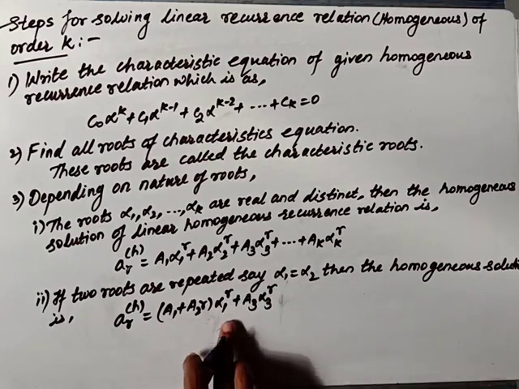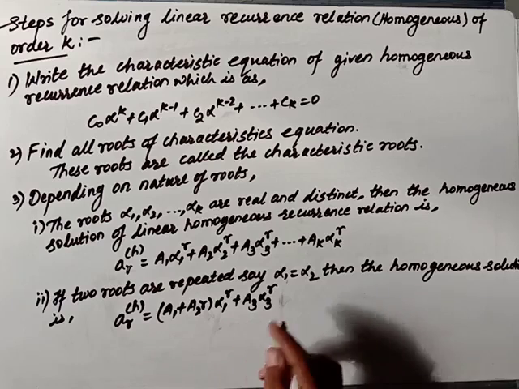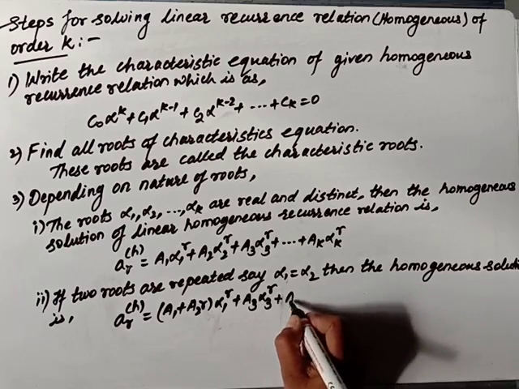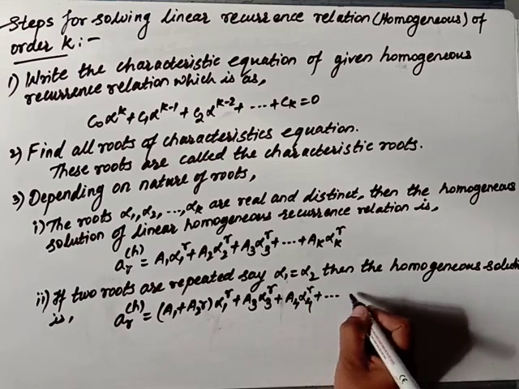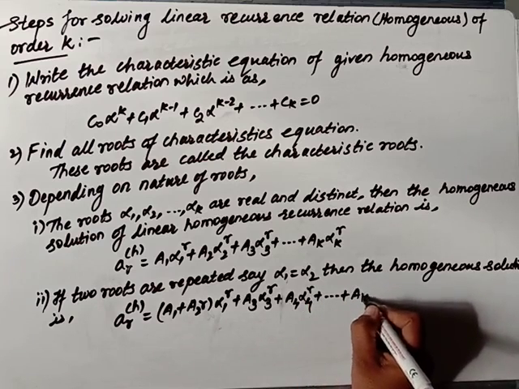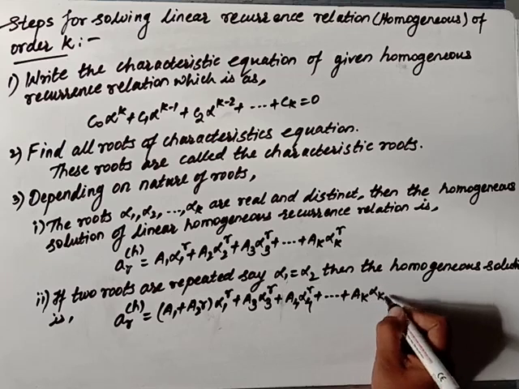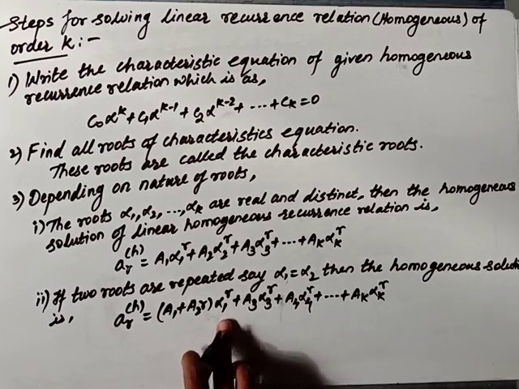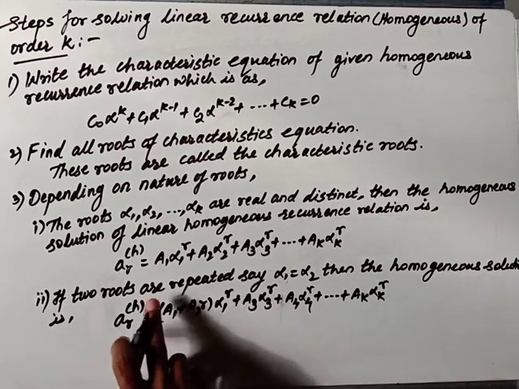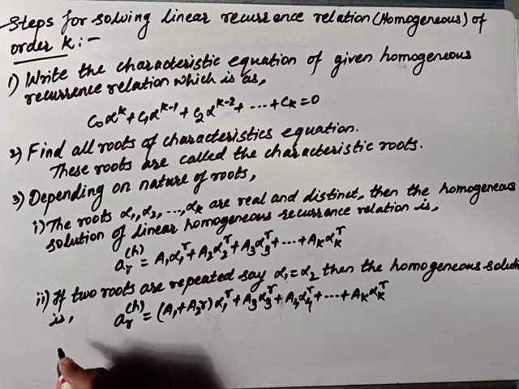For alpha 1, alpha 2 we have written these two, these are actually two terms. Next, A4 alpha 4 raised to r and so on, Ak alpha k raised to r. Remember here we take a linear factor A1 plus A2 r, then alpha 1 raised to r, if it repeats twice.